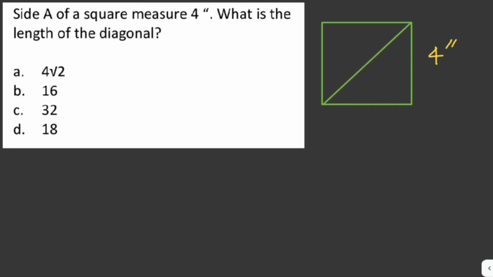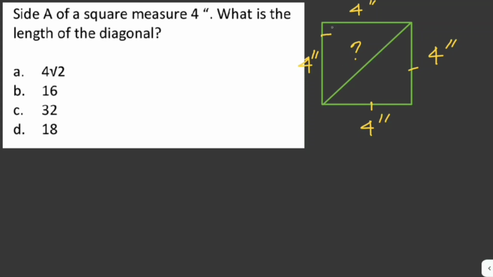Okay, we need to solve this. Since this one is 4 inches, this one is also 4 inches, as well as this side and this side here. So we just have to solve for the diagonal.